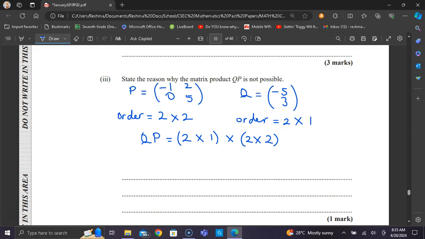So for 2 matrices to be able to be multiplied together, the number of columns in the first matrix has to be equal to the number of rows in the second matrix.